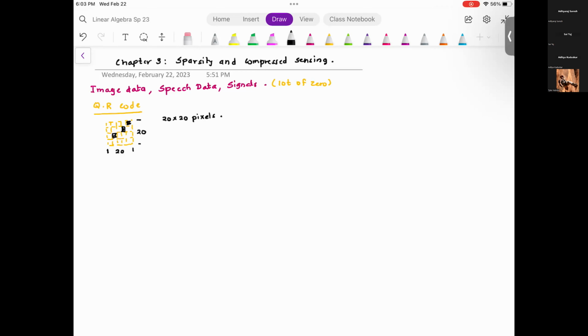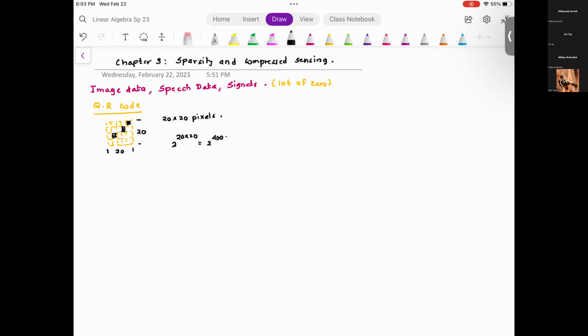Then if you look at how many numbers I can potentially represent, the number that we can represent with this very small data set is huge. This is 20 by 20, so this will be 2 to the power of 20 by 20, which is 2 to the power of 400.